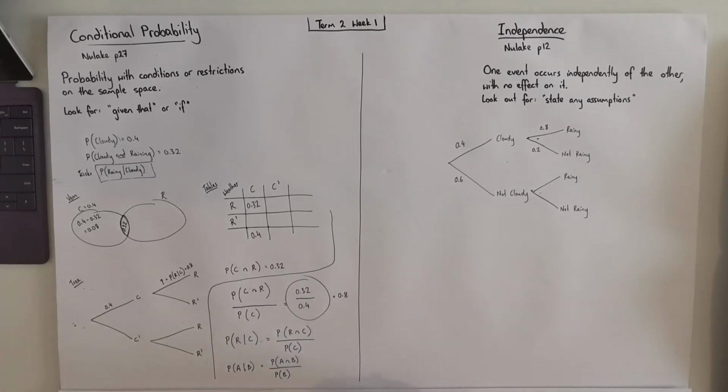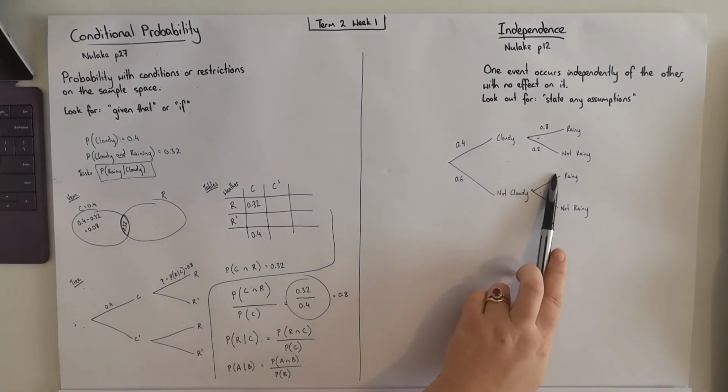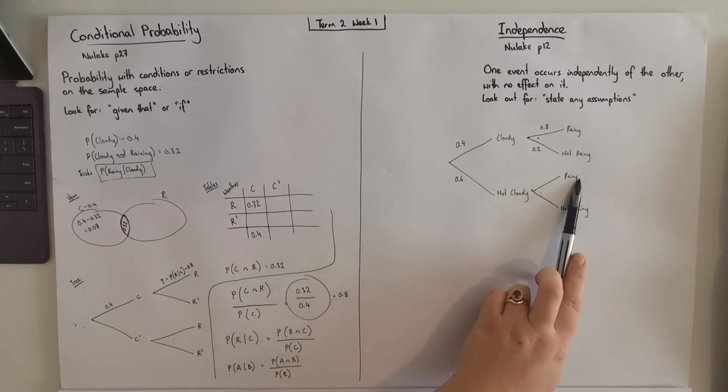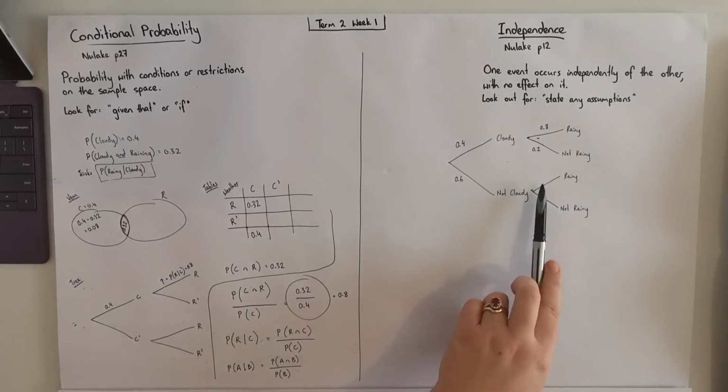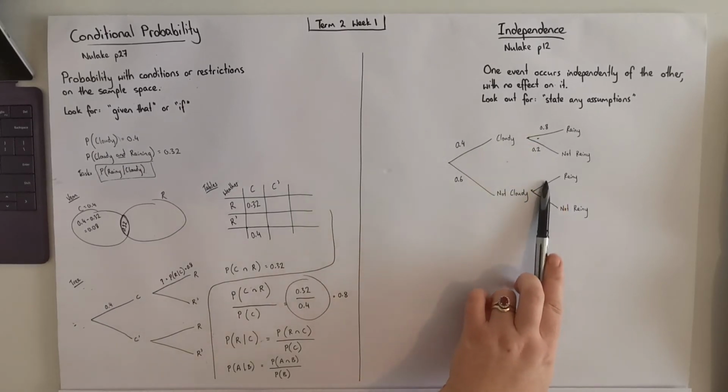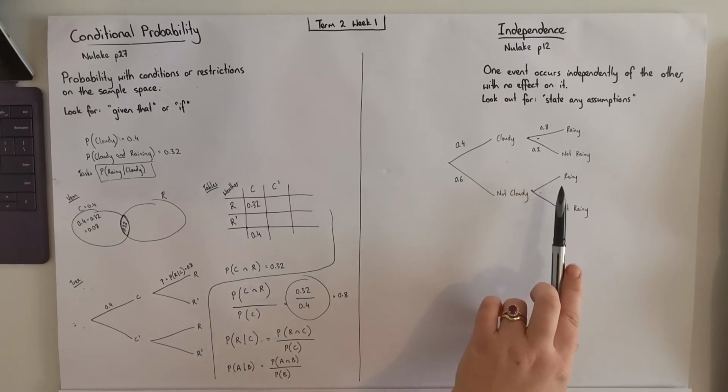Now, if we think about the actual context of the problem, remember that stats is a practical subject, it would make very little sense to assume that the probability of it raining, given that it's not cloudy, was still 0.8, like the set above. Of course, if there are no clouds in the sky, it's quite a low chance that it'll be raining.